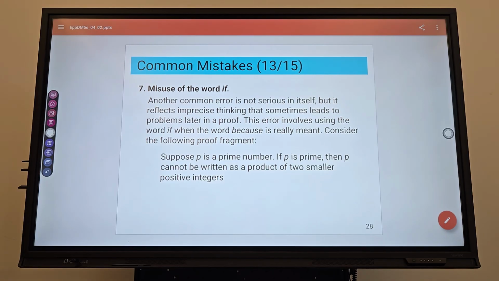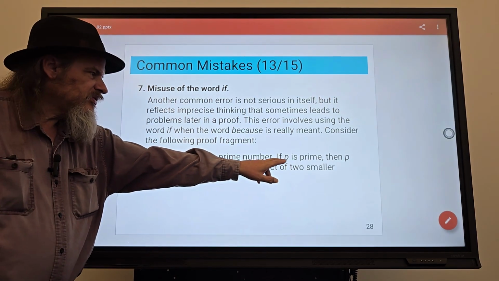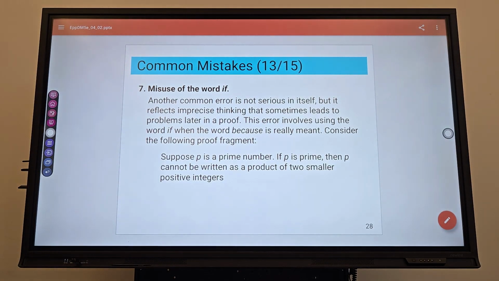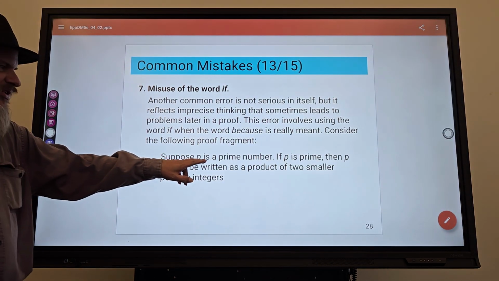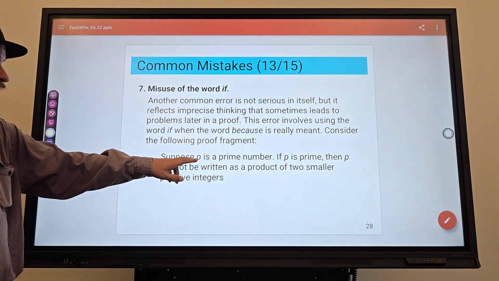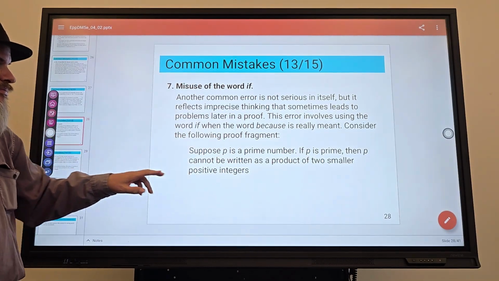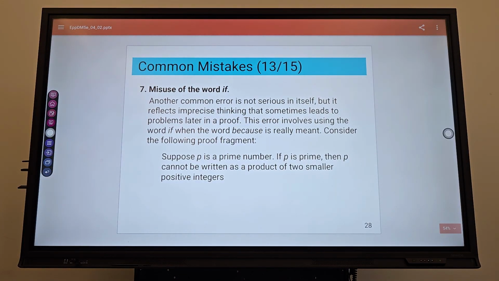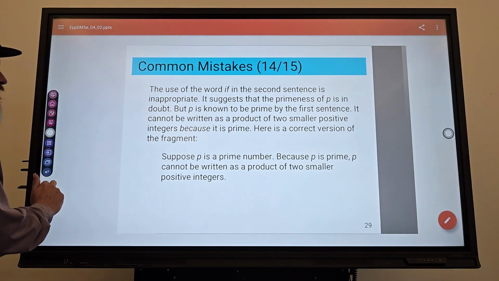Well, this if p is prime puts p being prime in doubt, but in the previous sentence, you're stating p is in fact a prime number. So, because p is prime, p cannot be written as a product of two smaller positive integers.